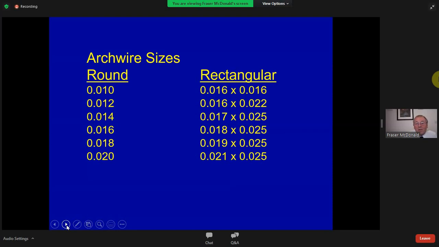Remembering the archwire sizes, yes, I was brought up on 0.010, which we used to use as the initial archwire, a bit like fuse wire, and it used to work very well unless the patient was one of these that damages the archwire. But you have all the round wires going up to 020, you have all the rectangular types. I'm not suggesting in any way that I'm giving you all the archwires. I am suggesting these are a selection.